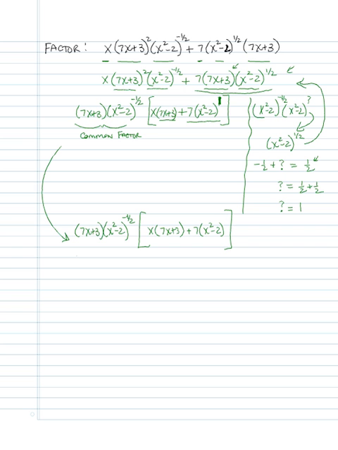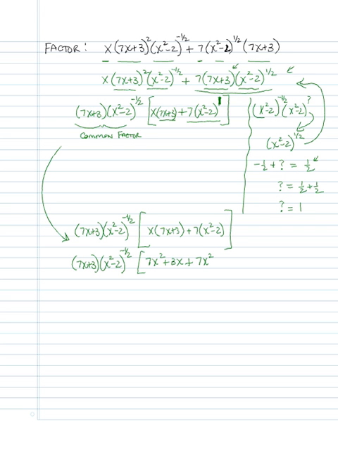So we write down our common factor again, 7x plus 3 times x squared minus 2 with a power of negative 1/2. And inside these brackets, x times 7x is 7x squared. X times 3 is 3x. And over here we have 7 times x squared, so that's 7x squared.